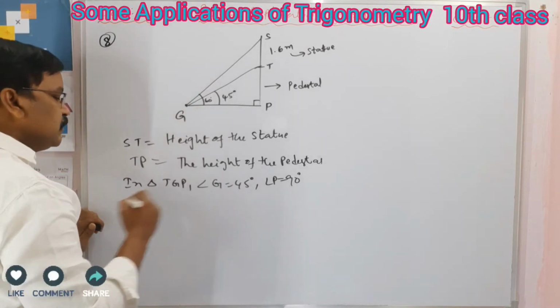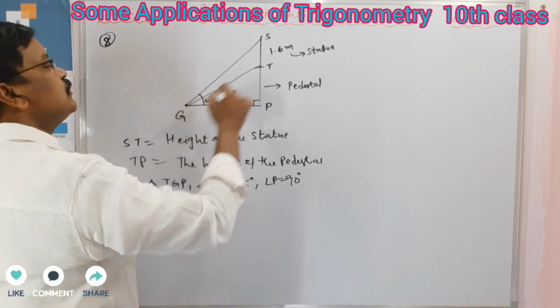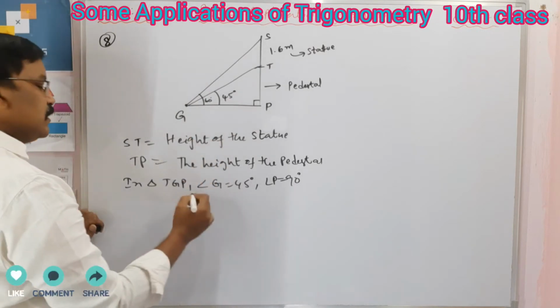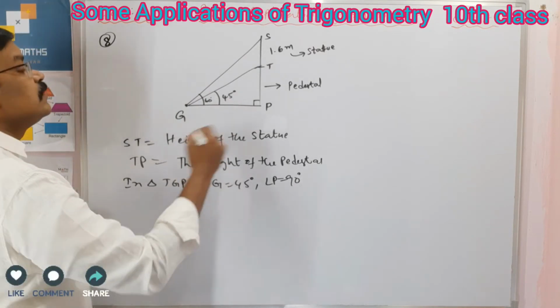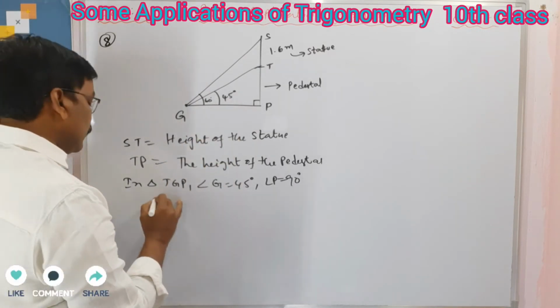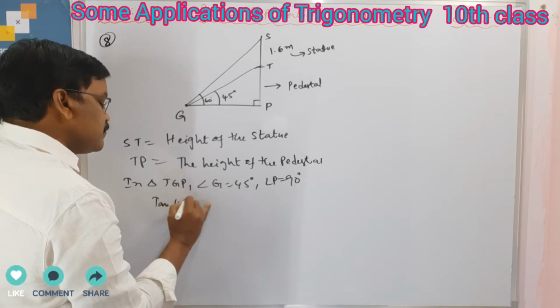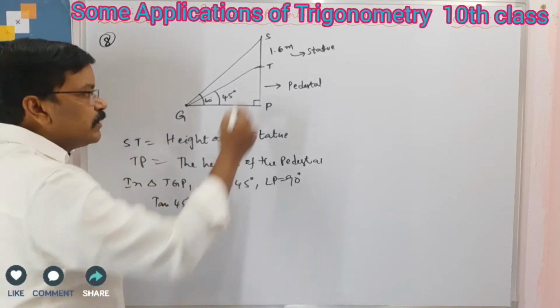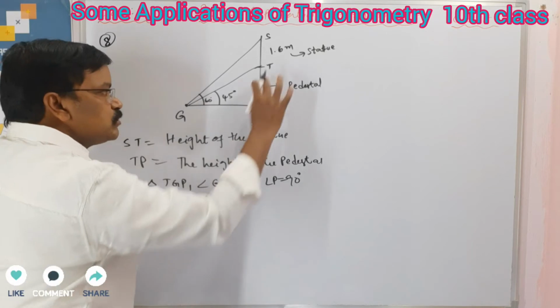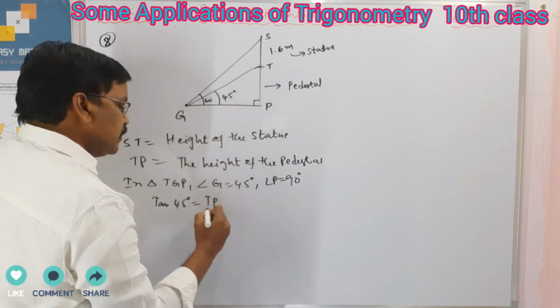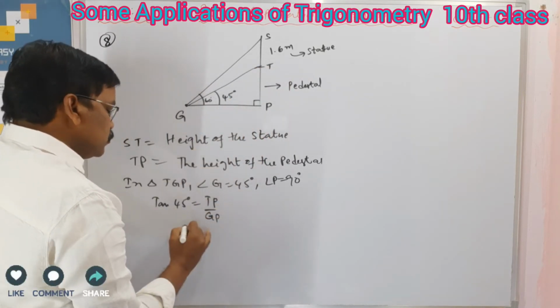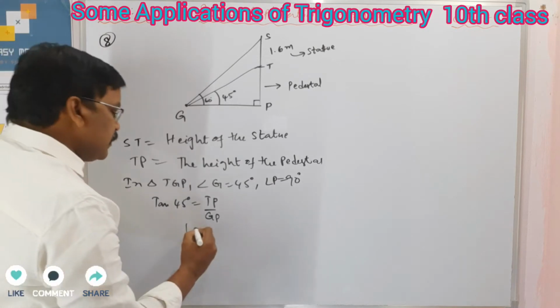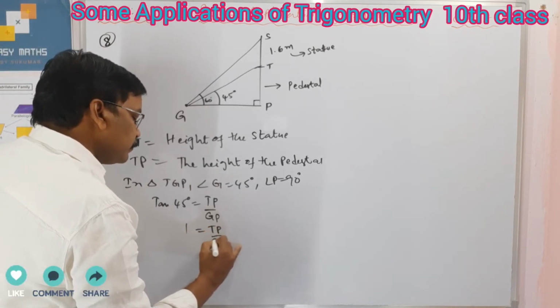Right. In triangle TGP, take tan 45 degrees. What is tan 45 degrees? Opposite side by adjacent side, that is TP by GP. Tan 45 is 1, so 1 equals TP by GP.